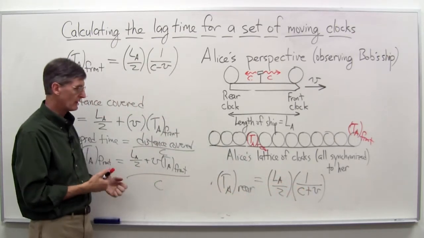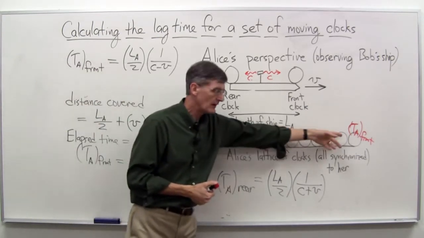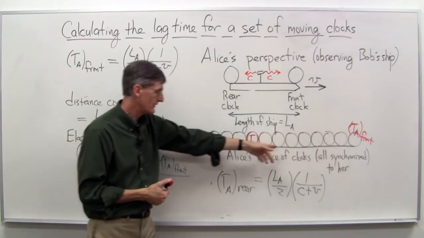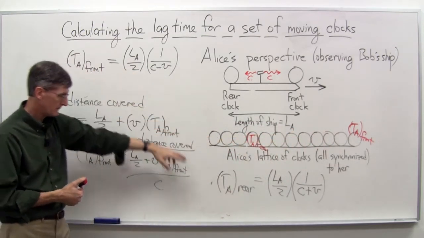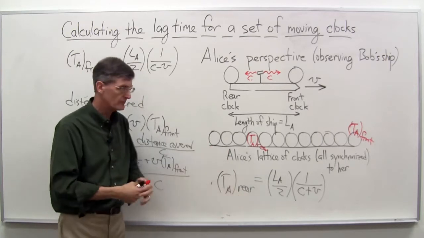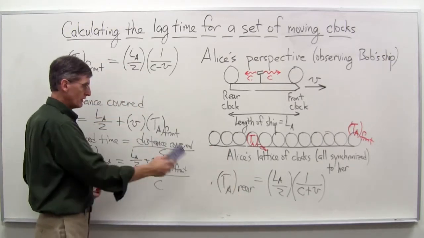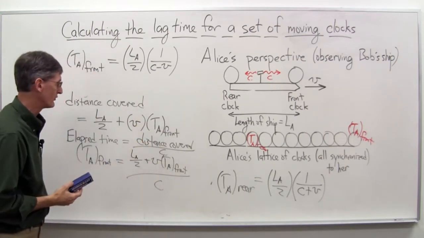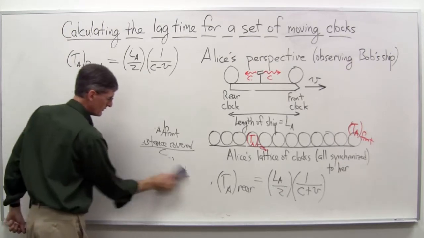If we got the opposite, it wouldn't make sense because we know TA front is later in time than TA rear. This is saying that the value of TA front is bigger than the value of TA rear. So that checks, at least. It doesn't mean we couldn't have made some other mistake, but at least we did that check and it's consistent. So we're almost there.